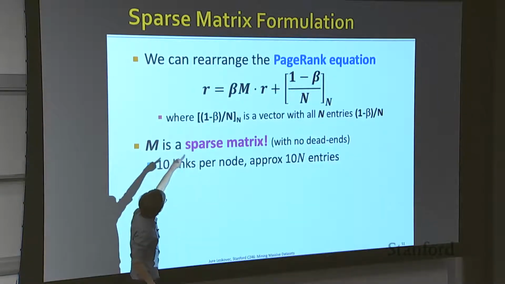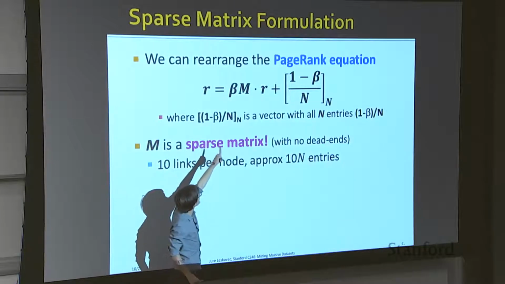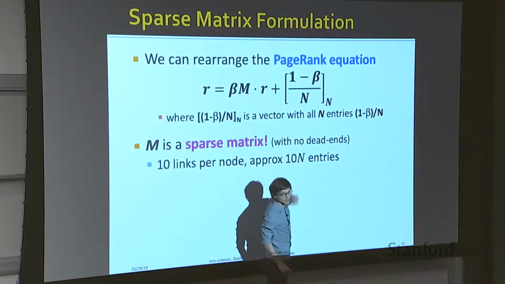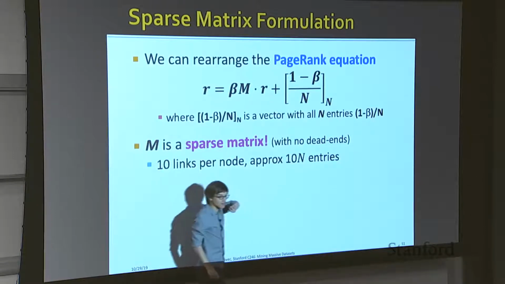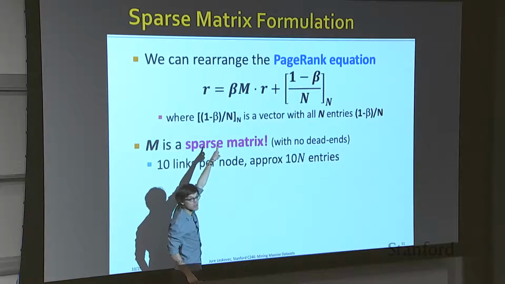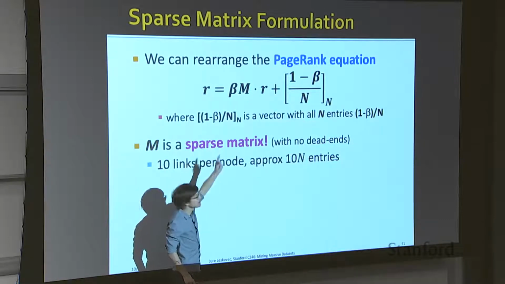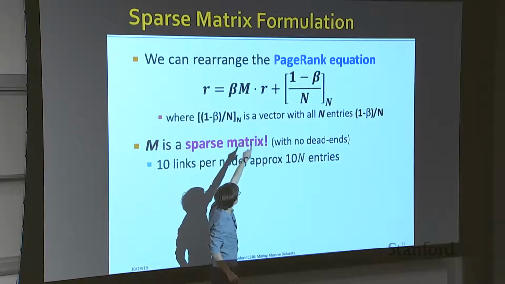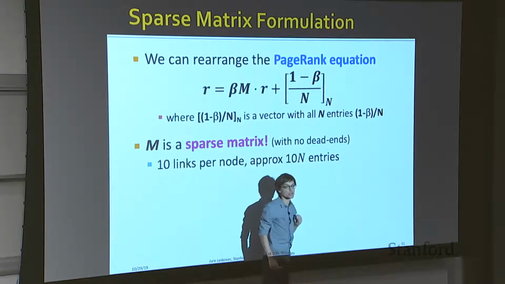Notice that now I say R equals beta times M times R plus some vector. And this is elegant because M is a sparse matrix. Multiplying it with a scalar is still sparse. So sparse matrix times a vector is okay, and then I add some constant.